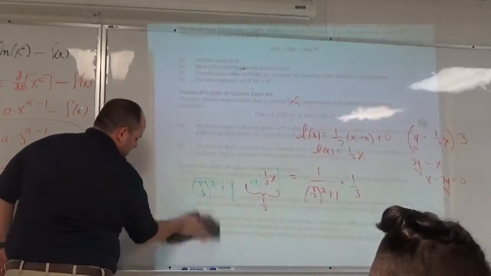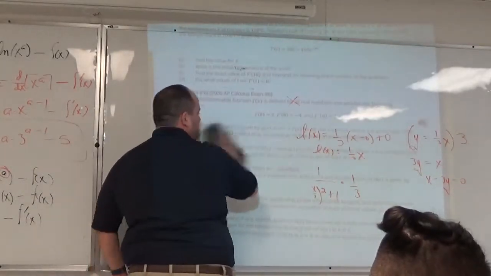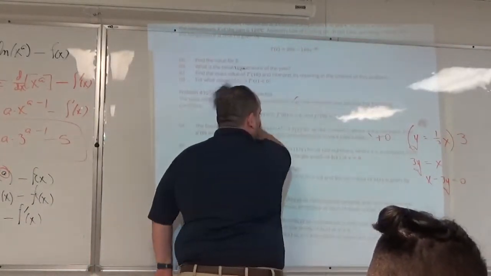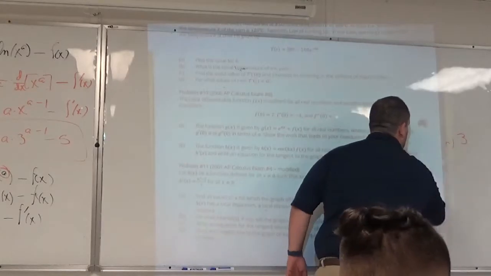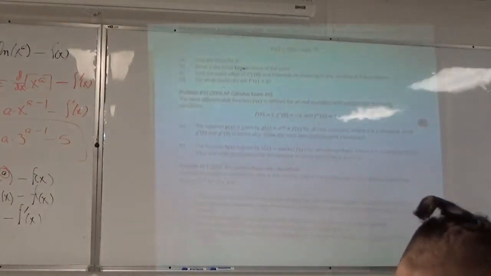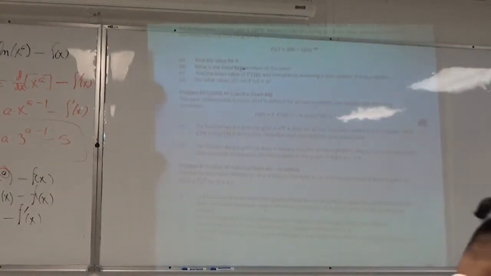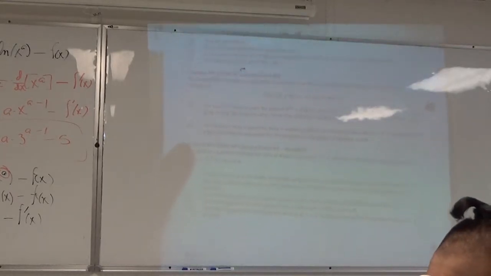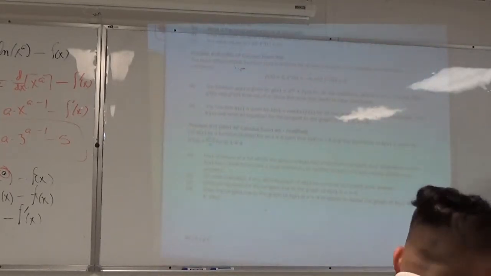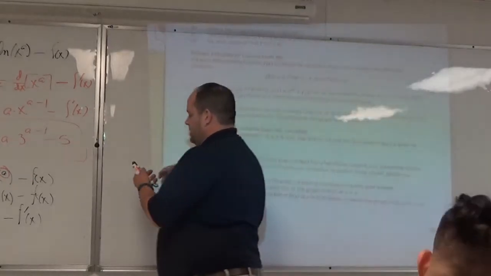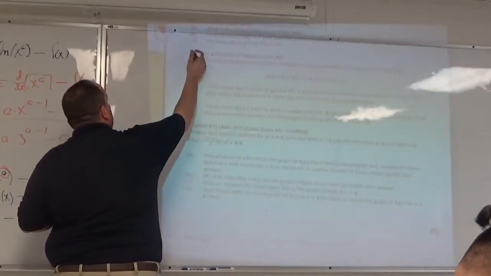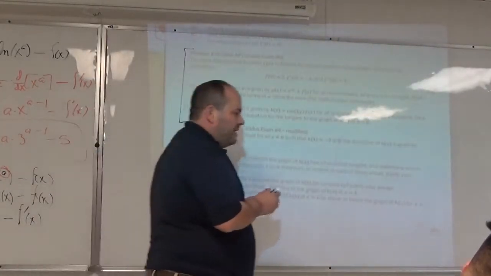We're going to focus in on the free response because I am worried greatly about free response tomorrow. So problem number 10. 5 minutes, no help from anybody. See what you can do. We'll talk in 5 minutes.